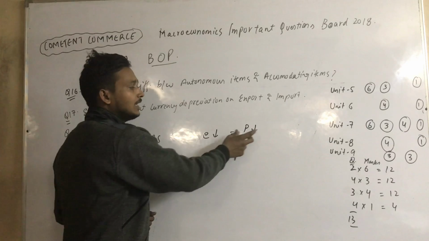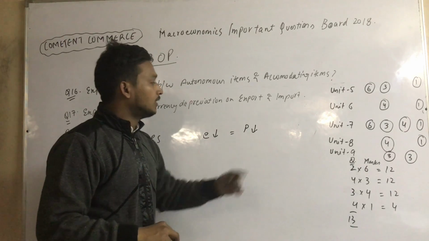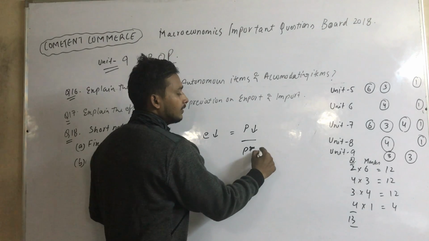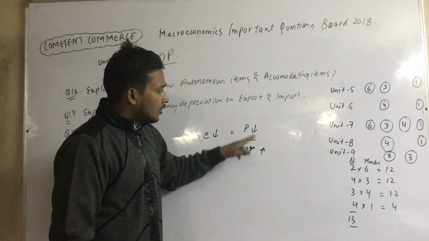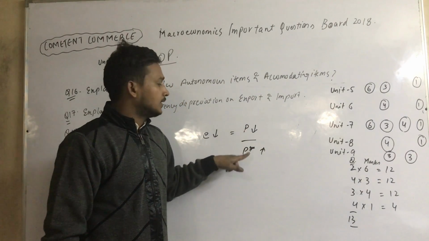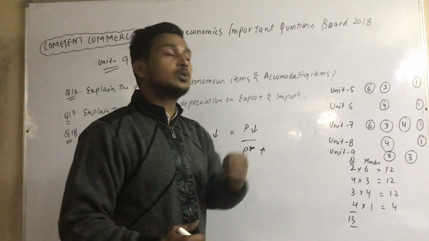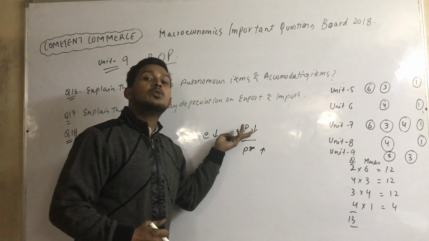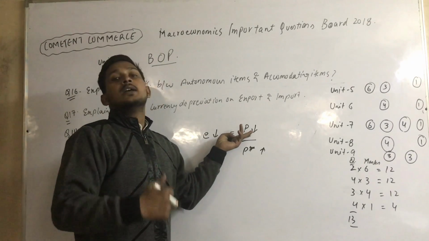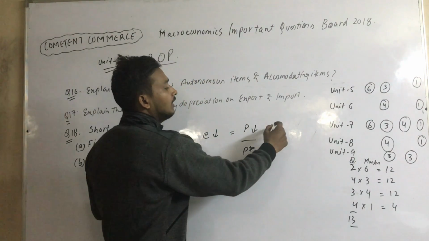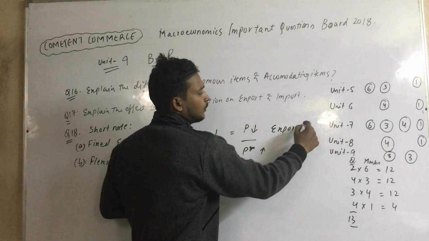When exchange rate falls, price of the domestic good decreases and price of the foreign goods rises. Now what happens? Domestic good is now cheaper than the foreign good. What we will do? We will now export more to other countries as domestic good is now much cheaper in comparison to foreign good. Therefore, we will increase the export.